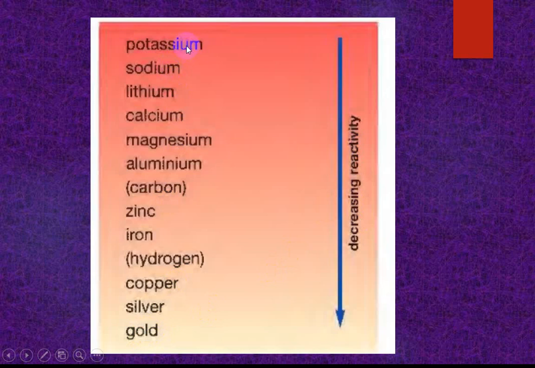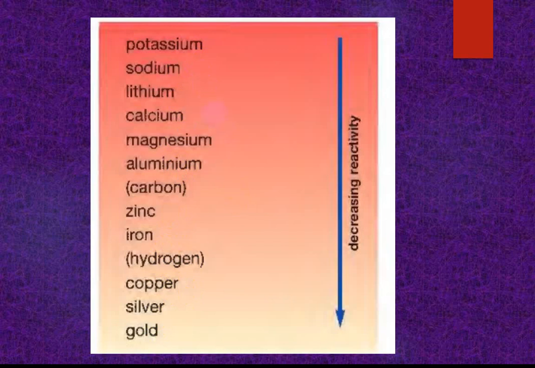So potassium can replace these less reactive elements. Here in a displacement reaction, a more reactive metal can replace a less reactive metal.